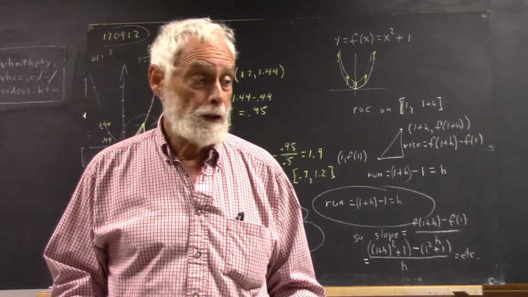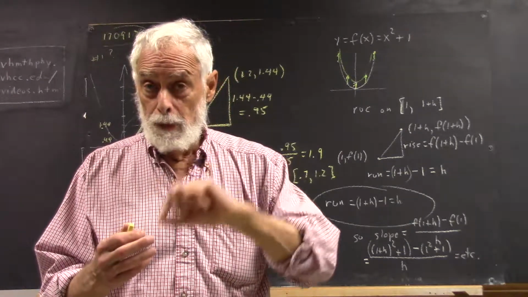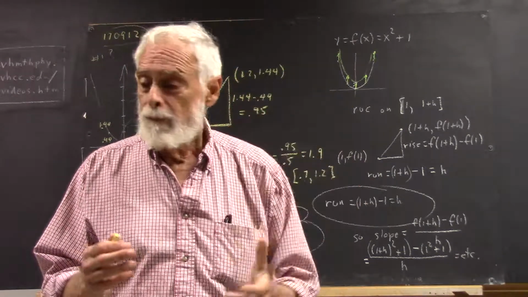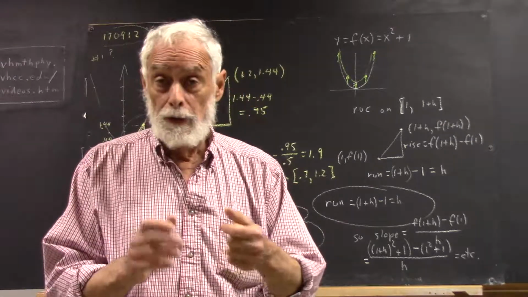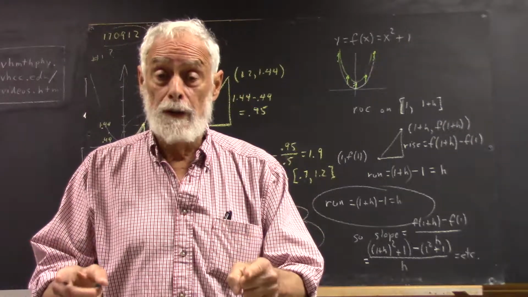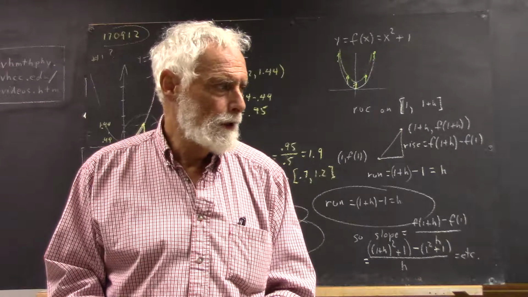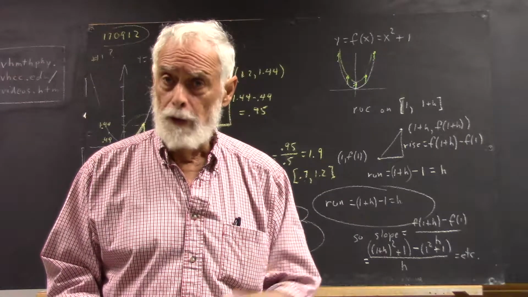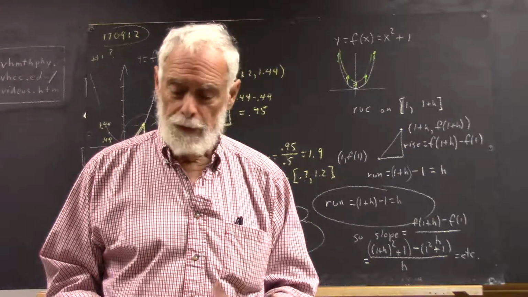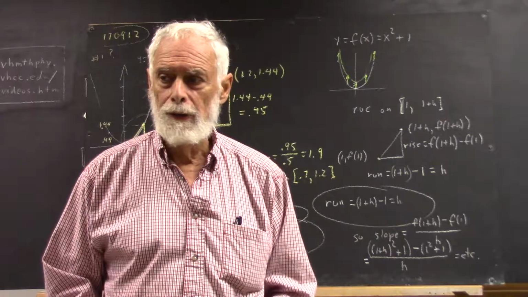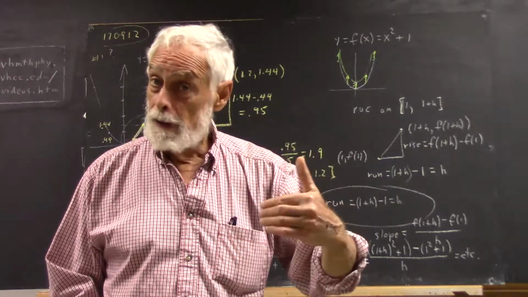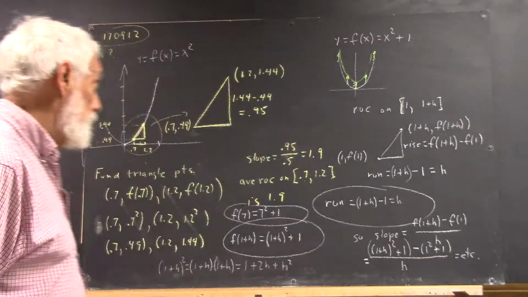Okay, then the average rate of change is what? Well, I define that to be the slope of the segment between the graph points that correspond to the endpoints of that interval. Now, we'll deconstruct that phrase in a minute. So, that corresponds to a fundamental triangle that approximates the graph.